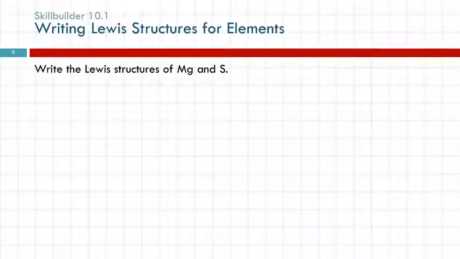So write the Lewis structures of magnesium and sulfur. Well, you start with the element symbol. So magnesium. How many valence electrons does magnesium have? 2. So put 2 dots. That's it. Sulfur. How many valence electrons does sulfur have? 6.